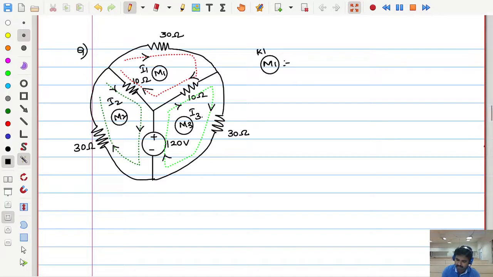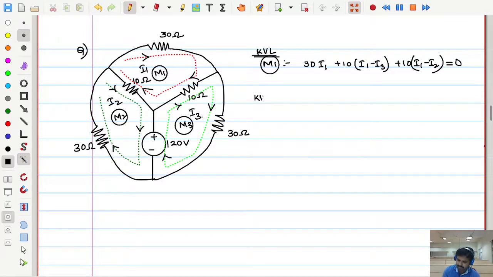Okay, so mesh 1 KVL. We should write the statement like that. 30 into I1 minus I3, plus 10 into I1 minus I2, is equal to 0.